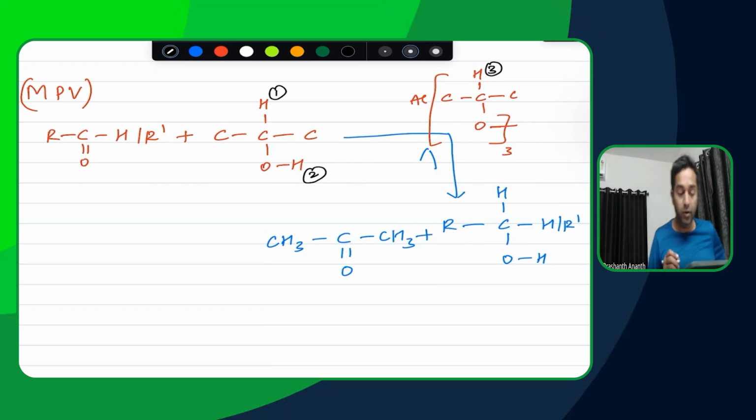First of all, hydrogen number 3 is going to be present here, and hydrogen number 2 is going to be present over here.